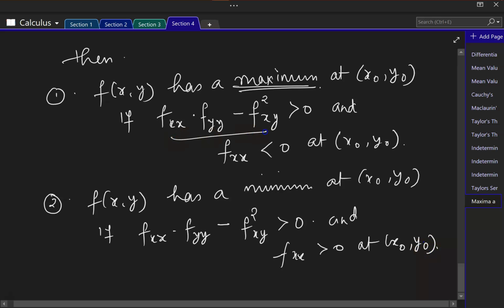So here this condition remains the same. The second partial derivative with respect to x is less than 0 means maximum, greater than 0 means minimum.